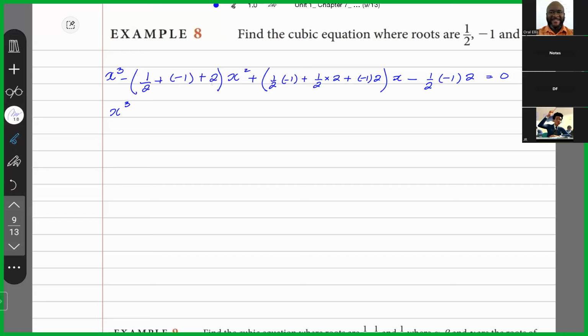Minus a half plus 2 is 1.5, which is 3/2. So this is 3/2 x squared.